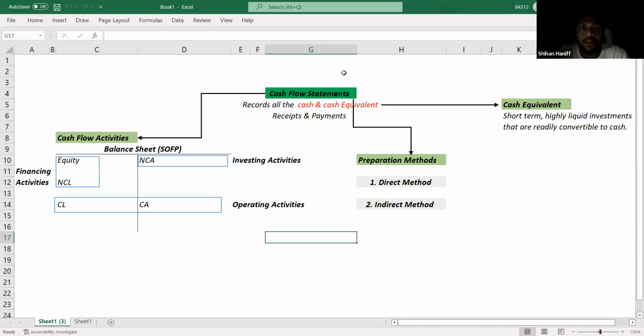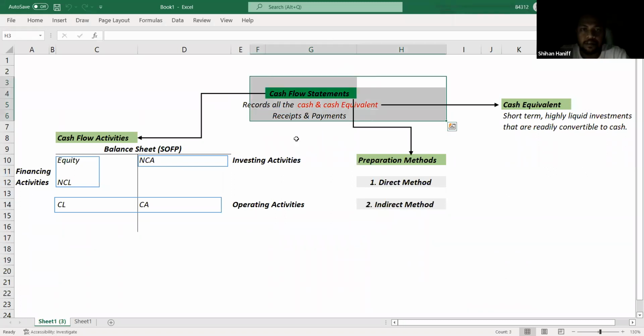So what is the cash flow statement? Cash flow statement is a statement. It is not a ledger account. It is a statement which records all the cash and cash equivalents.